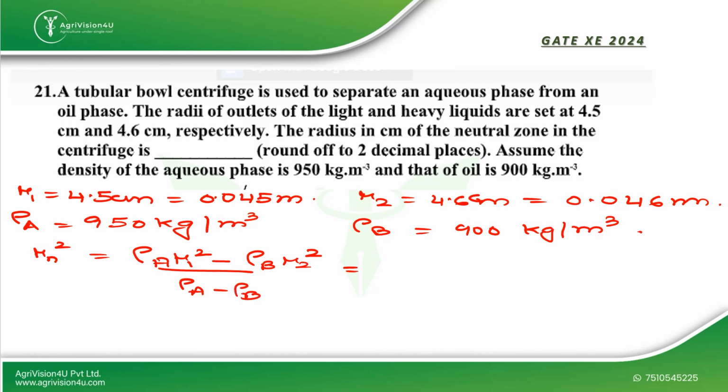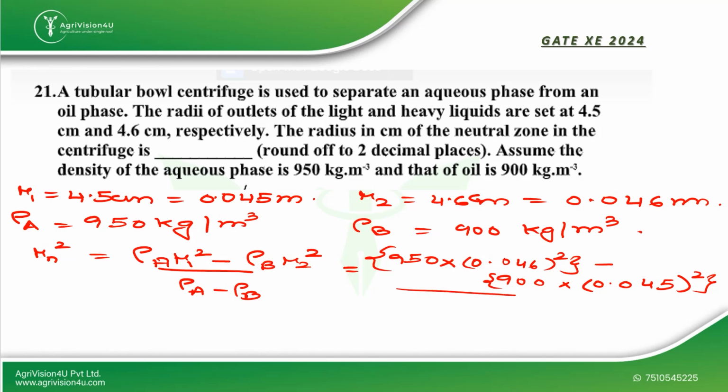So we'll get around 950 into 0.046 square minus 900 into 0.045 square, divided by 950 minus 900. So we'll get around 3.754 into 10 to the power minus 3.